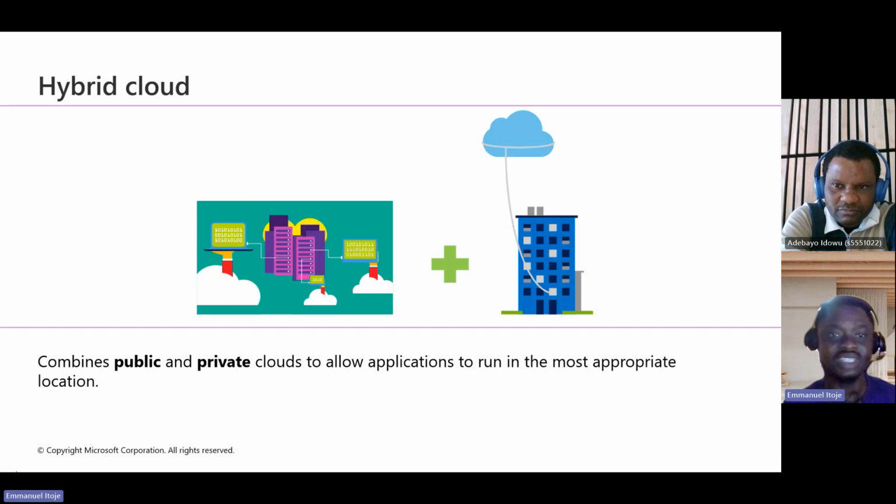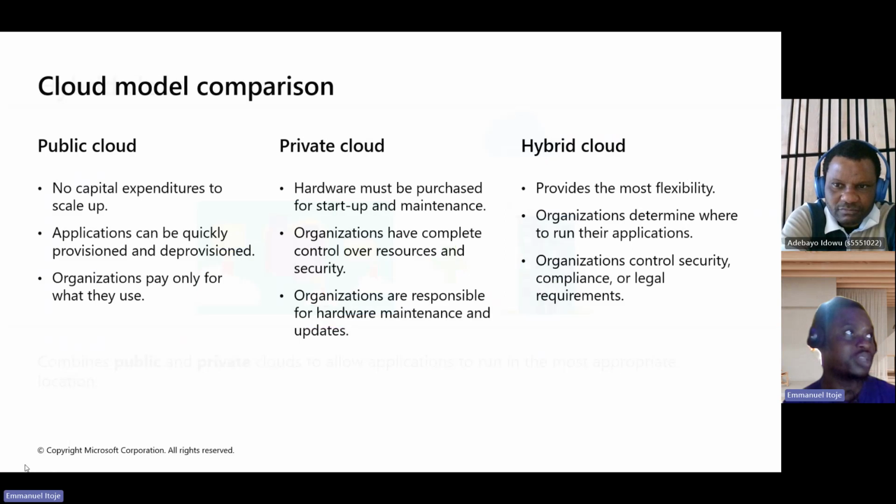They all have their advantages, and they all have disadvantages, basically. So if you are going to compare the three of them, for public cloud, there is no capital expenditure to scale up.